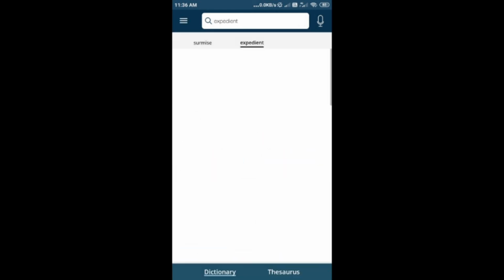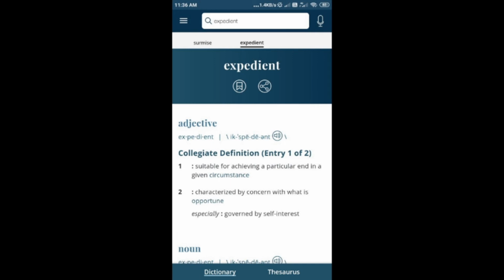So you know the basic format of any dictionary. As we have seen in the print dictionary, you see the word, and below it, you see the part of speech, which is adjective. And then below it, you could see how the word has to be pronounced in a particular manner.